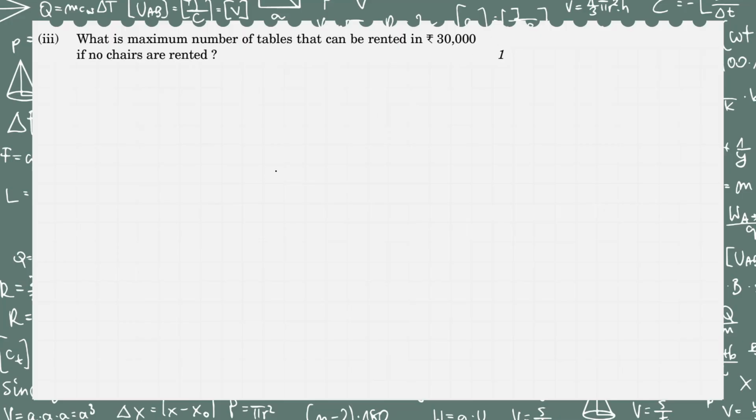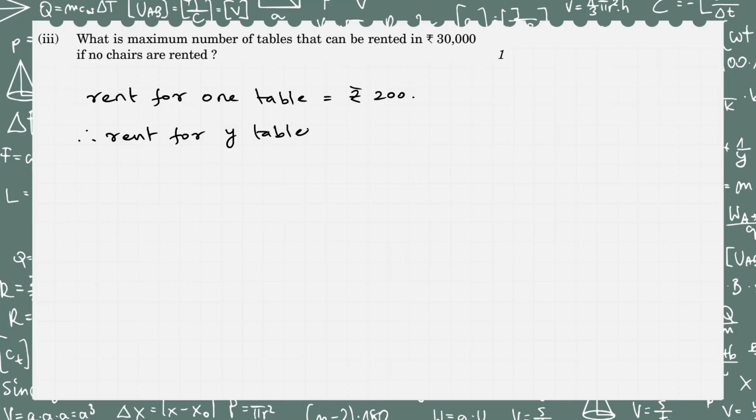Okay, so what we can do is, rent for one table is the same, rupees 200. Therefore, rent for y tables will be 200y. Now all of these total rent is supposed to be equal to 30,000, right? Therefore 200y is supposed to be equal to 30,000.